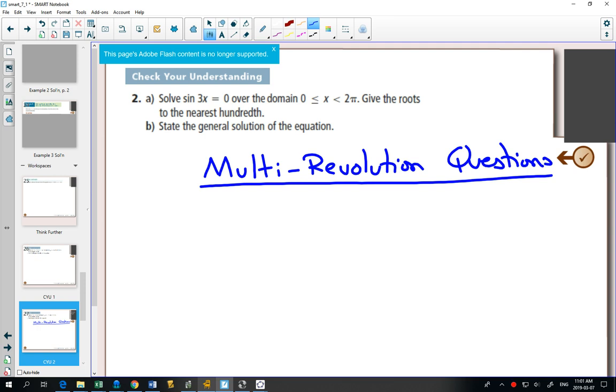And the reason they're multi-revolution questions is because of that compression. If I compress this one by 1/3, well, instead of having one period between 0 and 2 pi, I now would have 3 periods between 0 and 2 pi.